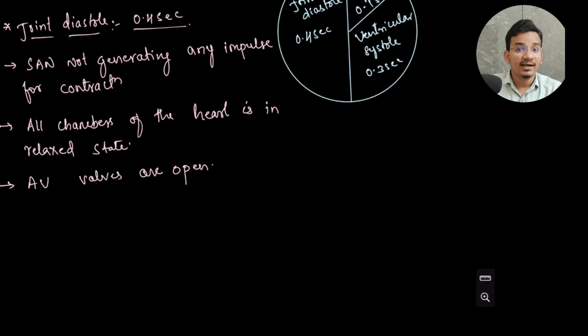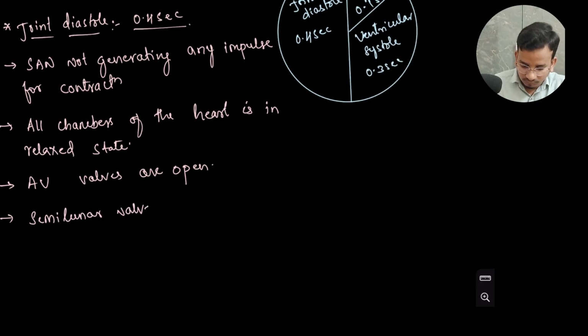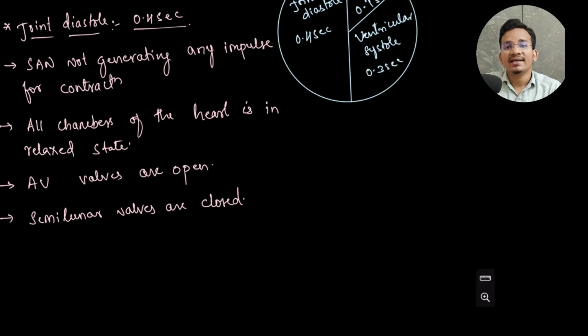These AV valves are open in joint diastole, whereas the semilunar valves are closed. If the AV valves are open, the blood coming into the atria from the great veins directly enters the ventricles.